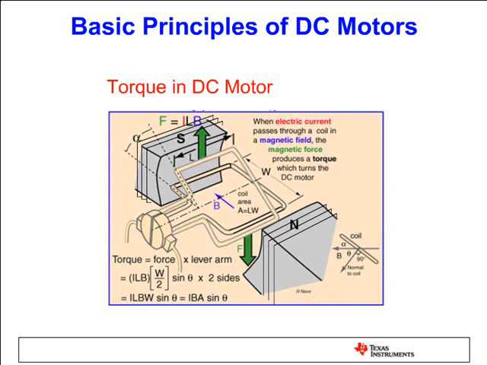So as the conductor starts spinning, it doesn't draw current anymore, and the next aligned conductor starts conducting current. Here I summarized the basics of the DC motor, which is important to understand the basics of field control.